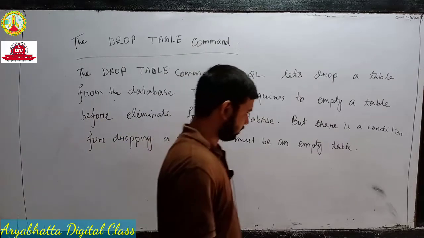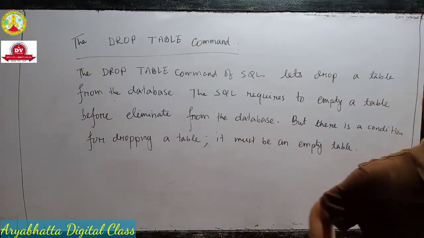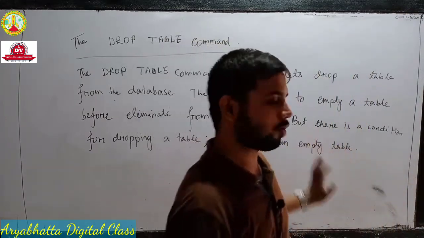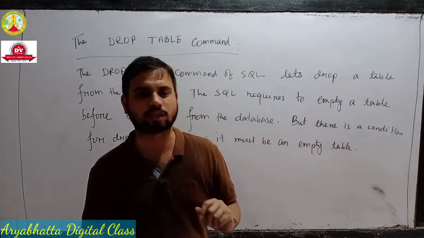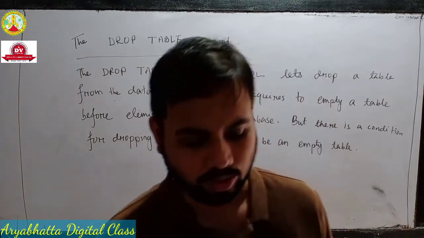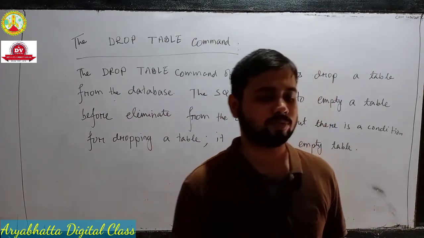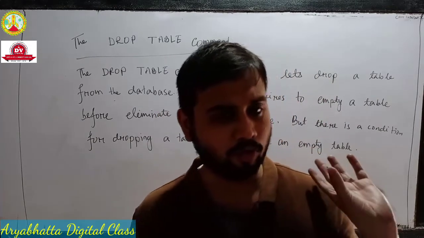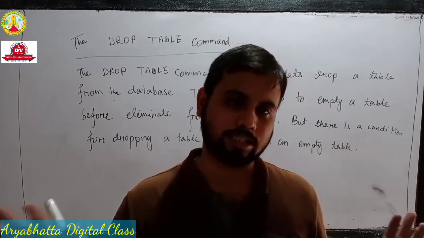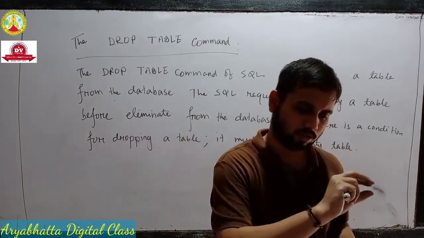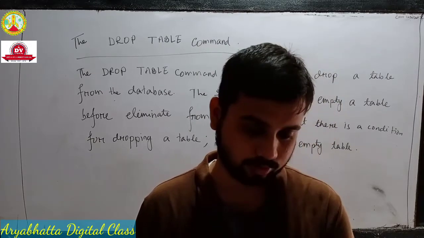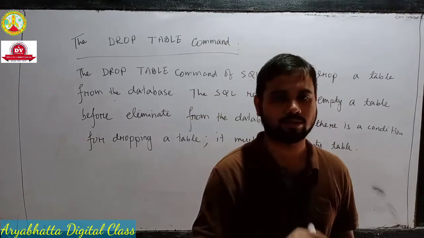Empty table means, first of all, you have to remove all the attributes and tuples, meaning rows. Suppose there is a table student and you want to drop the table. Then first of all you remove all the rows and columns, all the attributes, all the fields, all the values, meaning all the data inside the table.